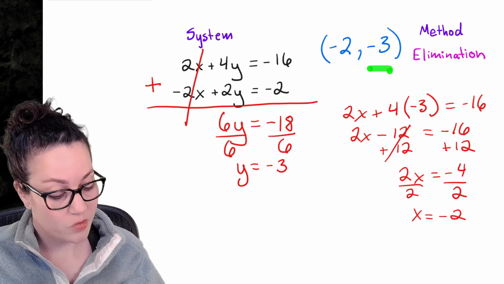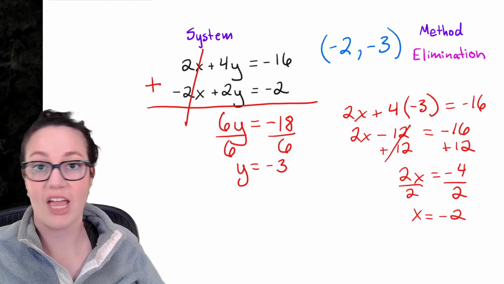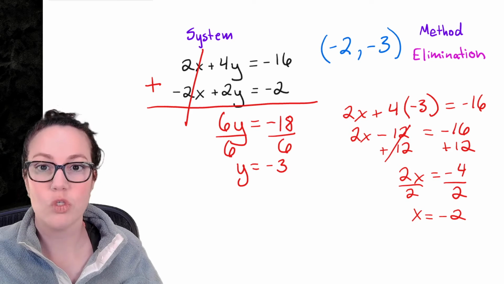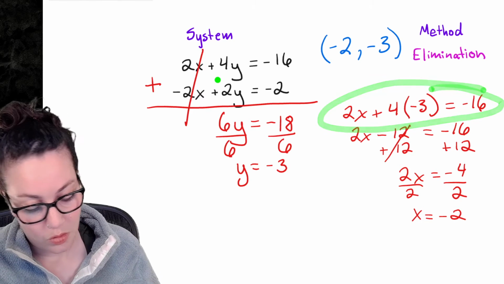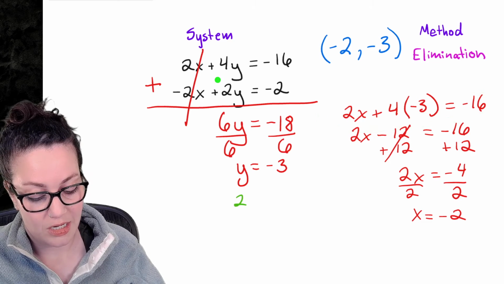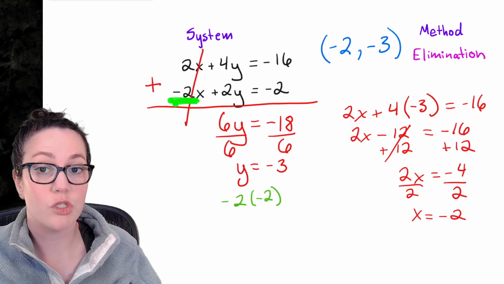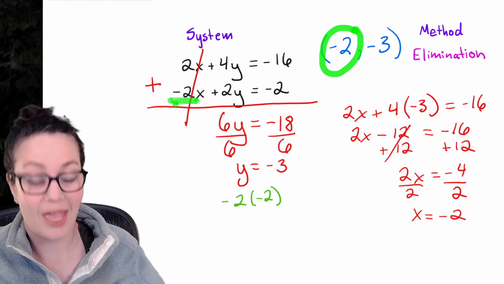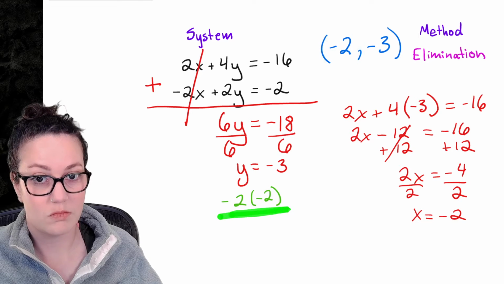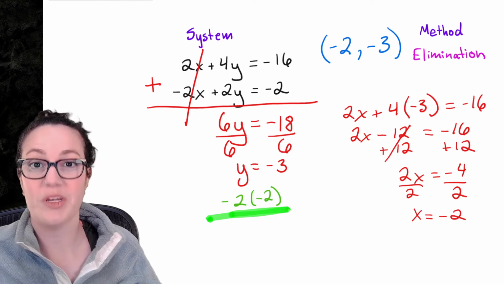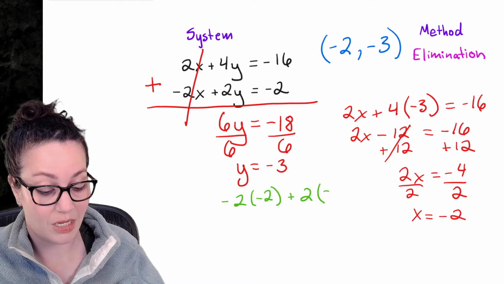To check this, I'm going to plug both of those values in for x and y into the equation that I haven't used yet. So that should say -2 times -2, because this -2 is a coefficient, and then we think x is -2 in our solution. So remember, -2 is happening twice, but from different places. Plus 2 times -3.